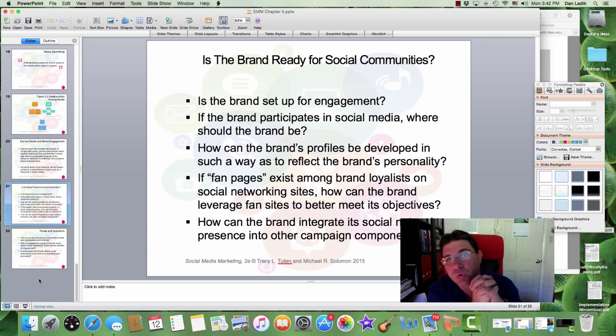There are some brands that can't do it. Government, pharmaceutical. There's little engagement they can do. There's all kinds of legal issues, and banks, for instance, there's only so much they could do. Financial firms, there's only so much that they could do.